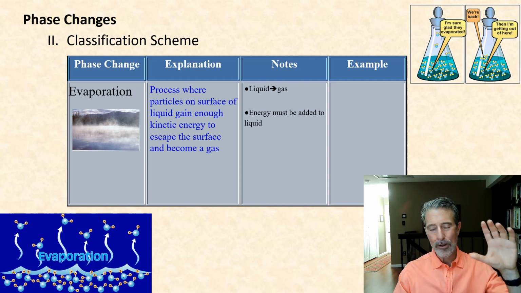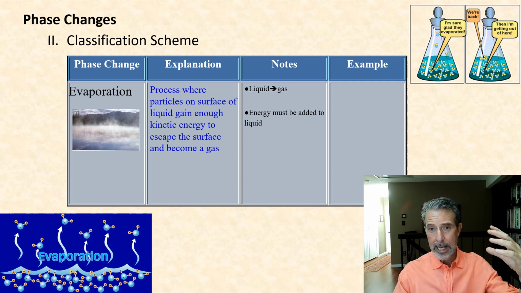Remember we said a long time ago that thermal energy is simply a microscopic form of kinetic energy. So those particles on the liquid surface, through the collision process, gain kinetic energy from the particles below them when collisions happen.